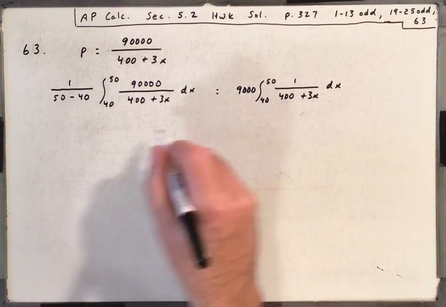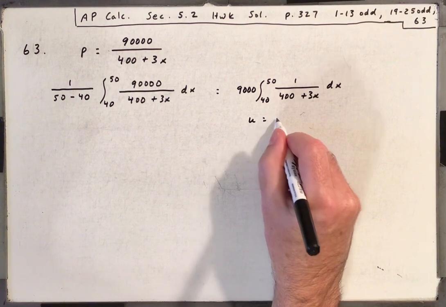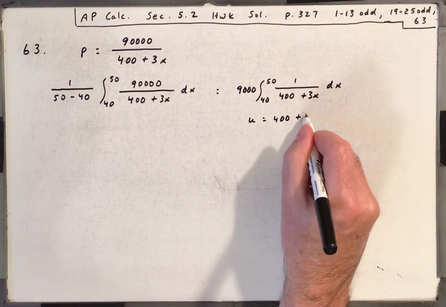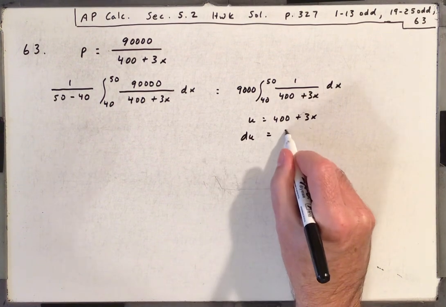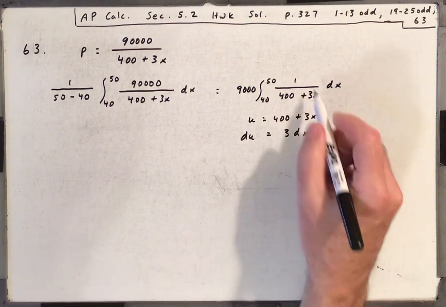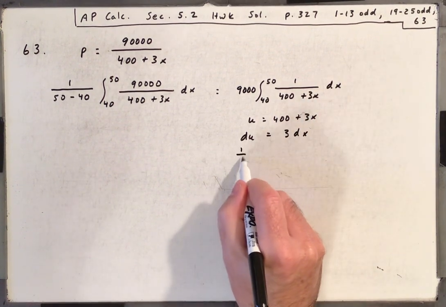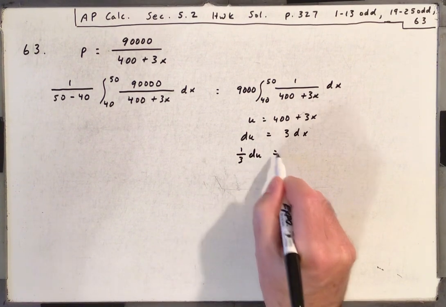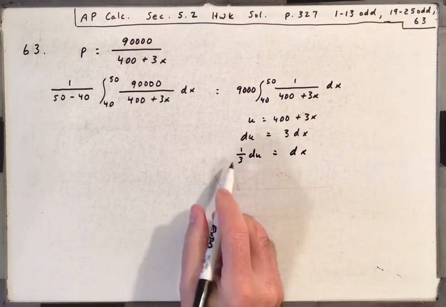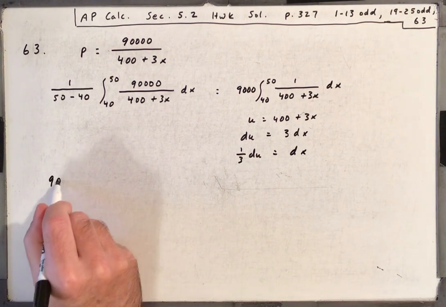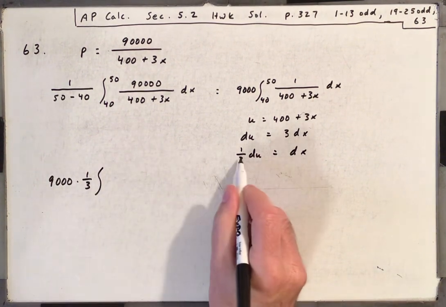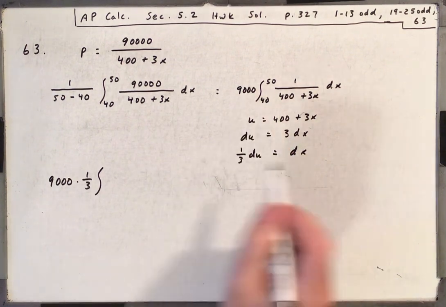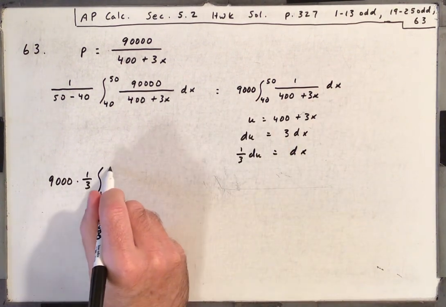Okay, let's let u be 400 plus 3x. And then du is just going to be 3 dx. I need it to just be dx. So 1/3 du is dx. So we can rewrite this as 9,000 times 1/3, bringing that 1/3 out front here, 40 to 50.